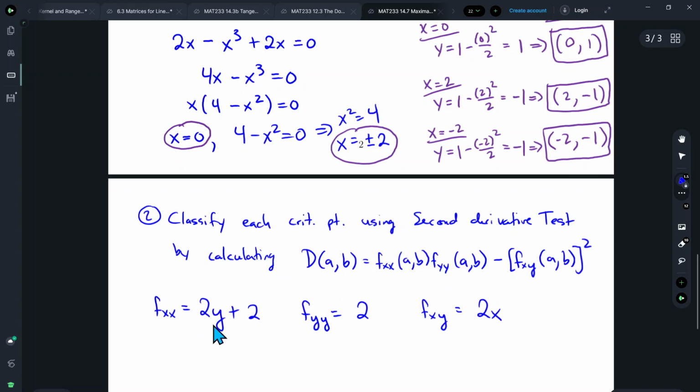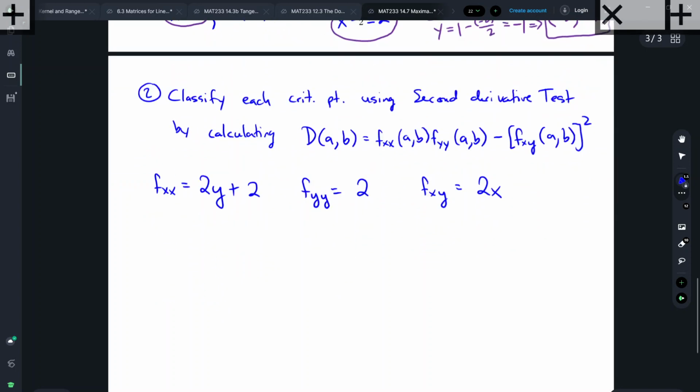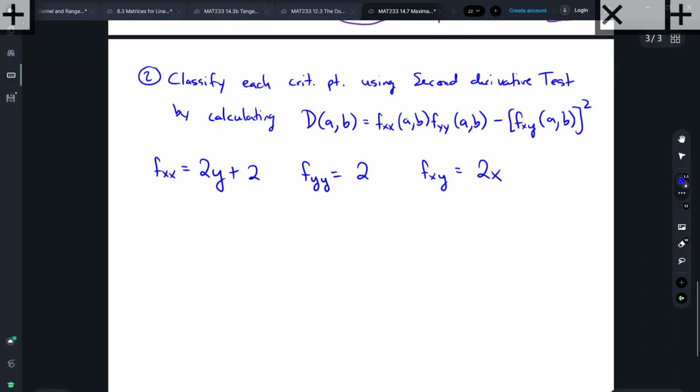However, if your second order partial derivatives have more complicated expressions, a better way to do it might be to do the following. So I'm going to separately calculate each of these for each of the critical points, and then organize the values in a table in the following way, right?